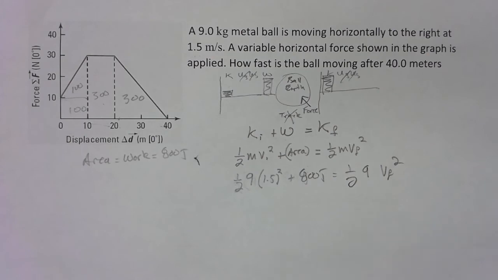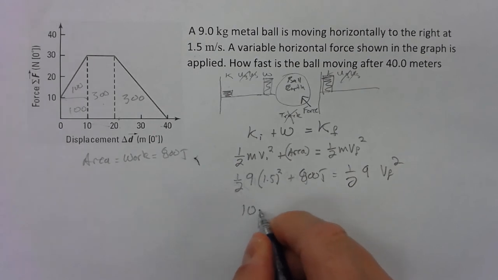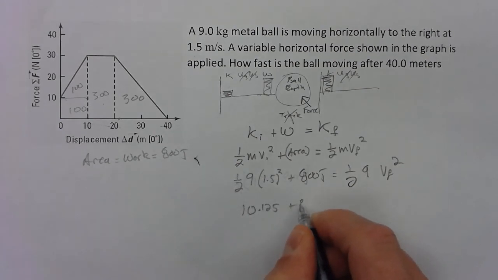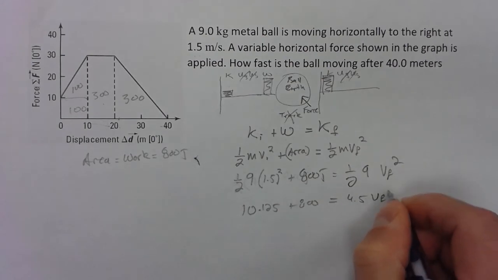So we work this all out on the left. 4.5 times 1.5 squared. Here we get 10.125 plus 800, and here we get 4.5 v final squared.